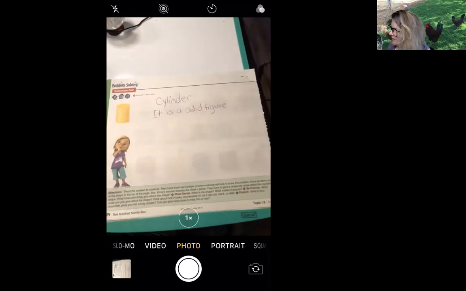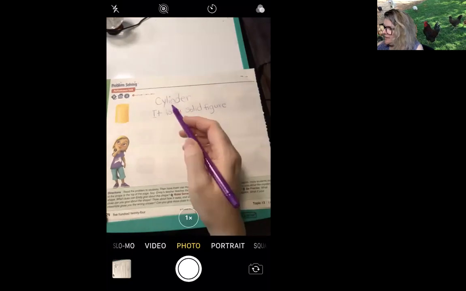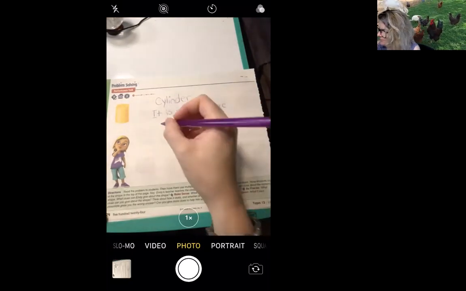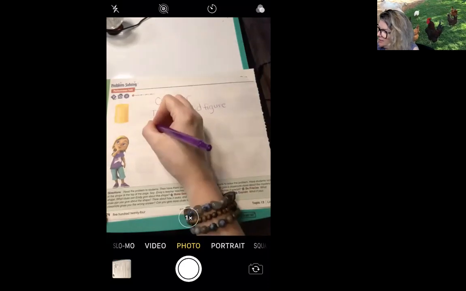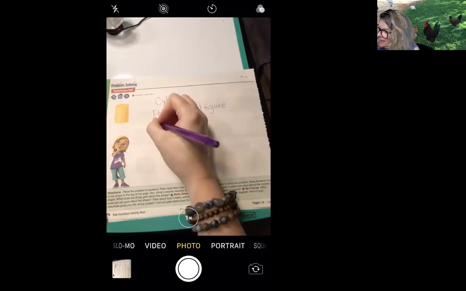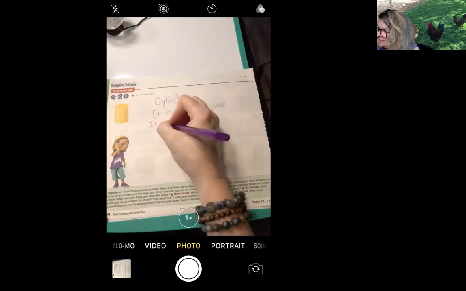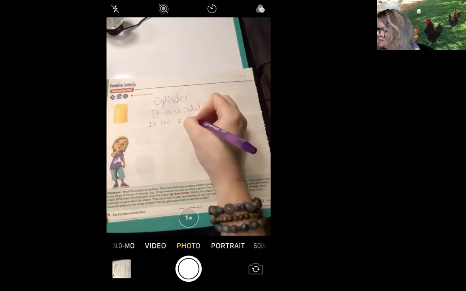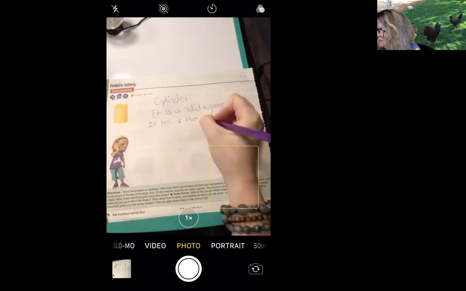Think about how it looks, whether or not it can roll, slide, or stack, okay? So here we go. It's a solid figure. It has 2 flat surfaces.